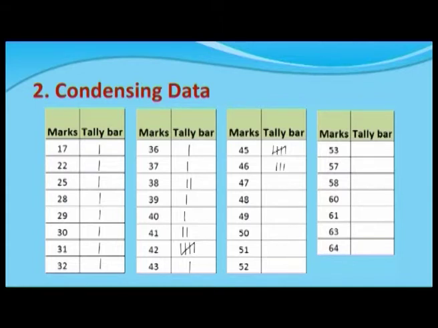For the fifth occurrence of a number, we use a cross mark from right to left on the four vertical bars. See the example of number 42 and 45.